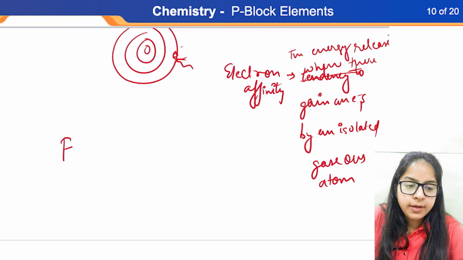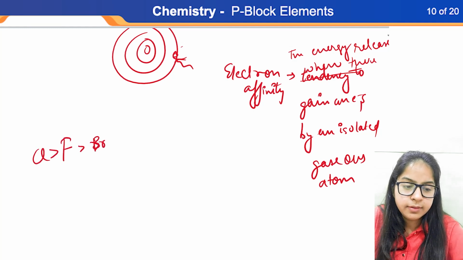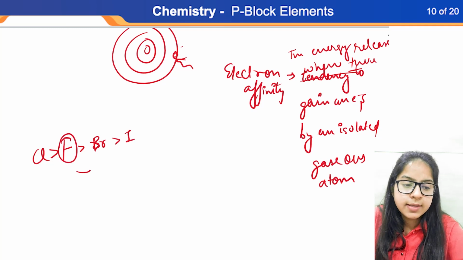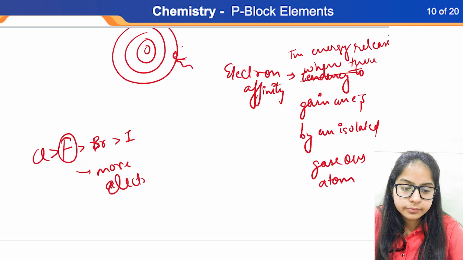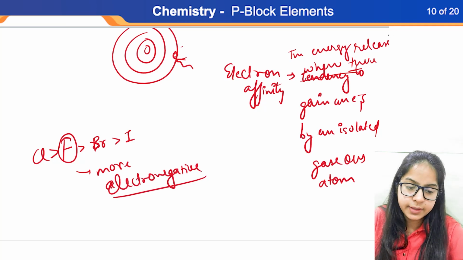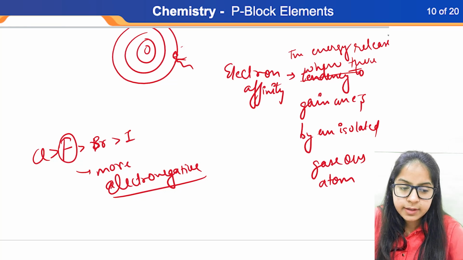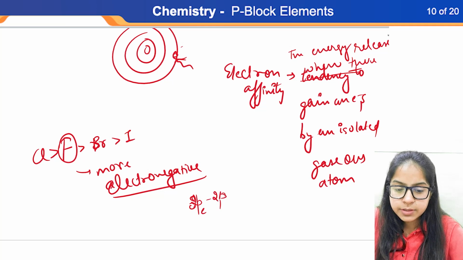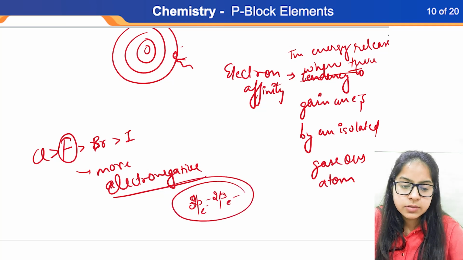Now fluorine has less electron affinity than chlorine, after that bromine, then iodine. Although fluorine is more electronegative, if it attracts the electron, then there are 2p electron repulsions.